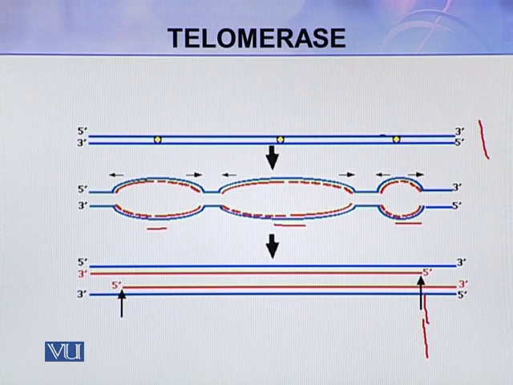Similarly, on the other molecule, this green one, which is the leading strand, is complete, and the other one, which is yellow, is incomplete. So in the case of linear chromosomes, at the completion of replication there will always remain some unreplicated ends.